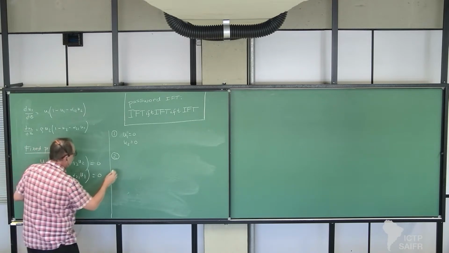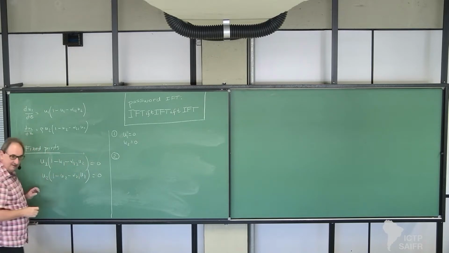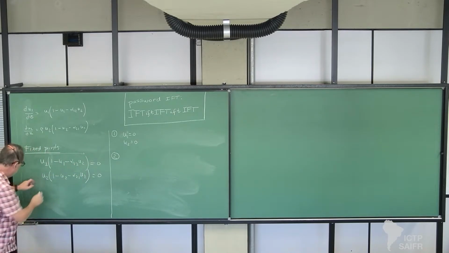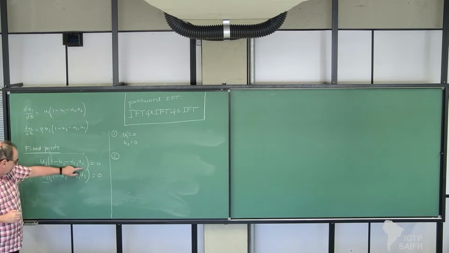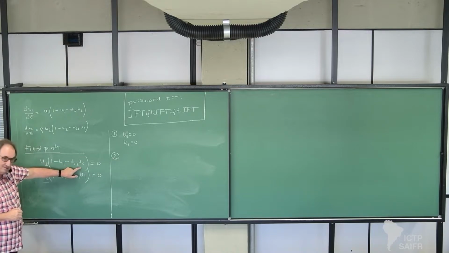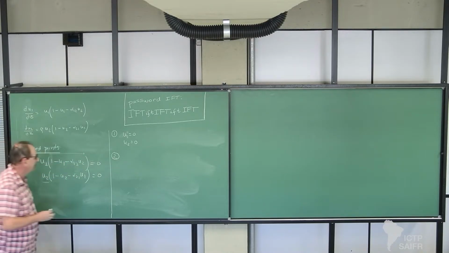So I can also have this one, which is this guy equal to 0, and this guy here equal to 0. So if u2 is equal to 0, in order for this guy in the brackets to be 0, this is 0 because it's u2, then u1 is equal to 1.